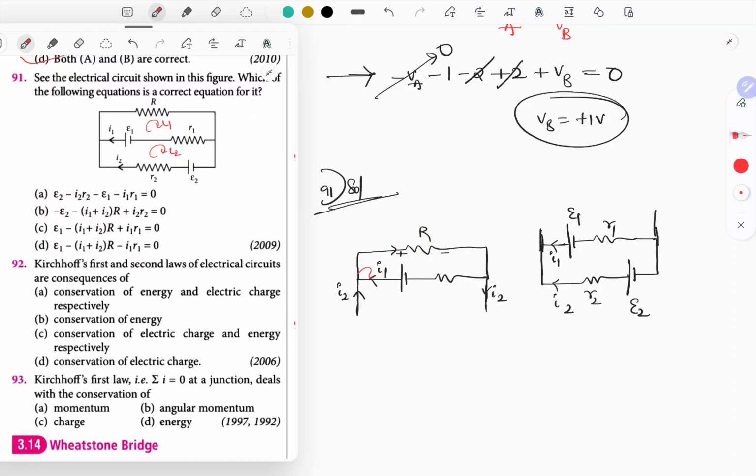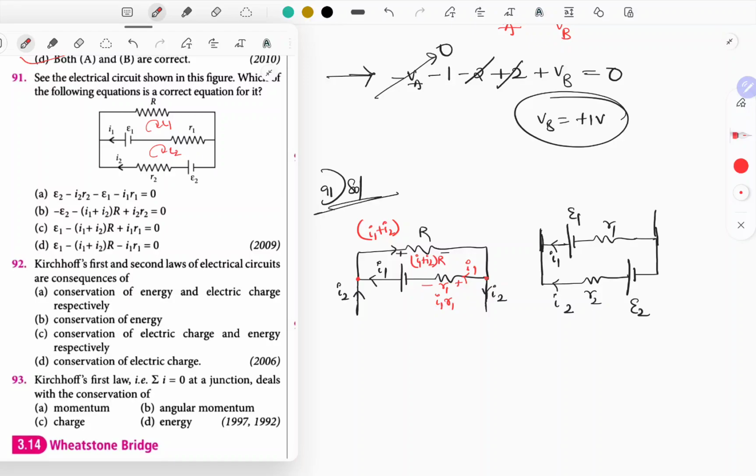That's the only purpose. Here at this junction, I1 and I2 both are entering. Then the total current is going to be I1 plus I2. And the voltage across this resistor is (I1 plus I2) into R. And here I2 is leaving and I1 is entering. The resistor is R1, and the voltage across it is I1 into R1.